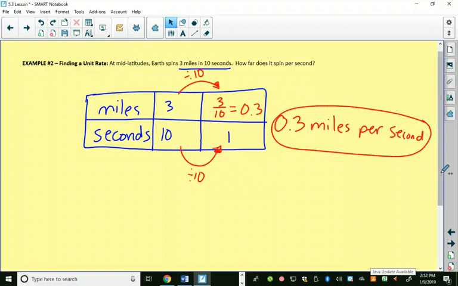And I go ahead and circle it, and there is my unit rate. It's an amount, the 3/10 per 1, which in this case is seconds. So whenever you're writing a unit rate, you are simply dividing the numerator or the first number by the second number to make it so it's 1 as your denominator.